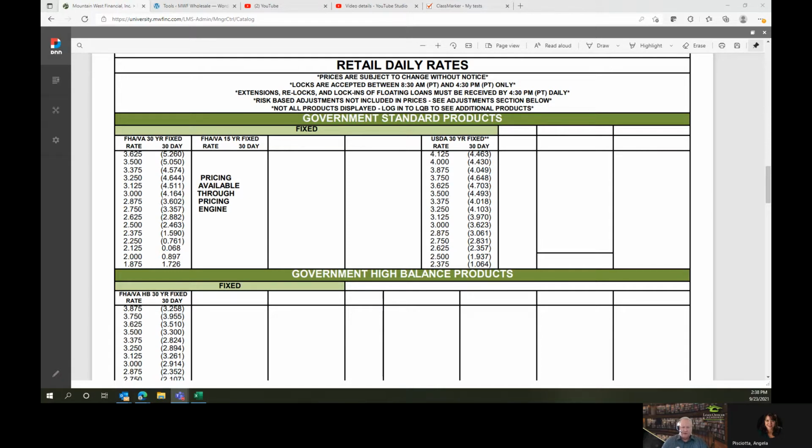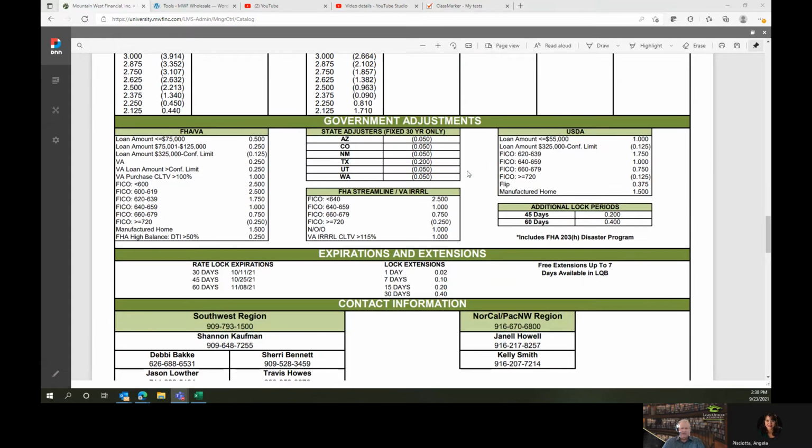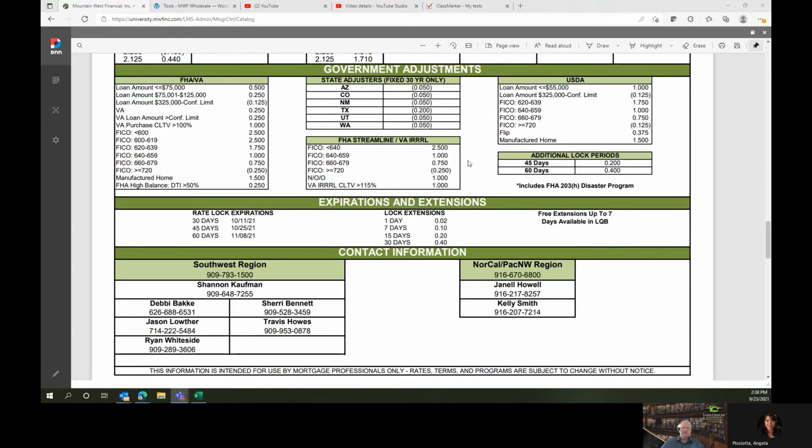Okay, so what we're going to do first, Angela, if you could slide up, we're going to go down to the adjustments grid before we look at that pricing grid. Okay, a little bit right there. Okay, government adjustments. Hopefully everybody can see that. On this particular scenario, we have a 659 FICO. So if you look over there on the left under government adjustments, you see FHA VA.